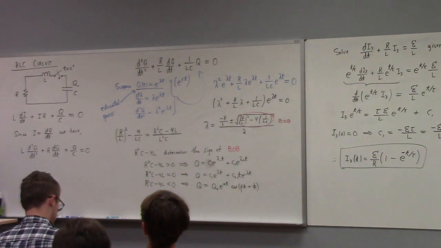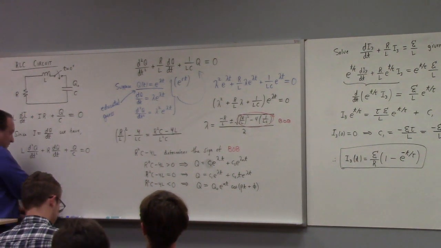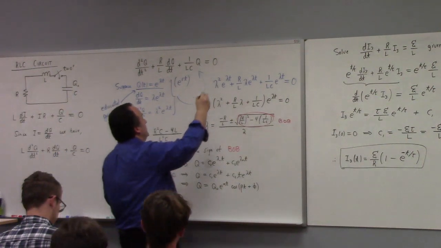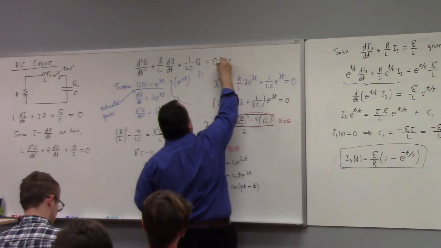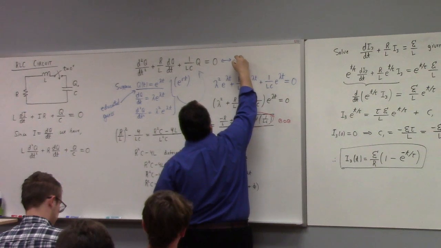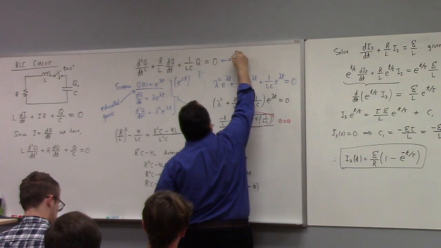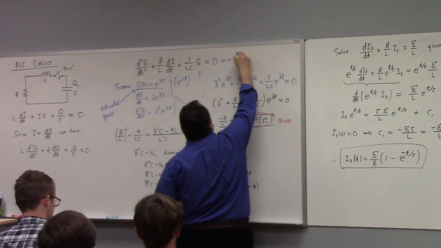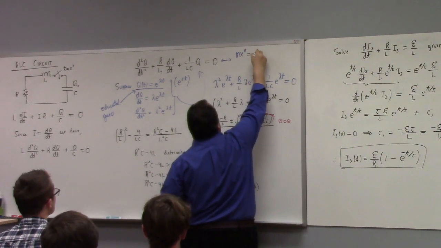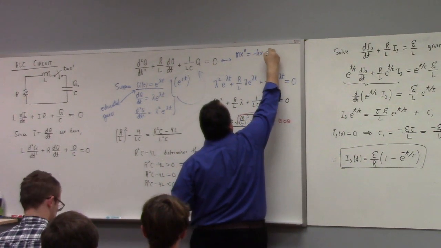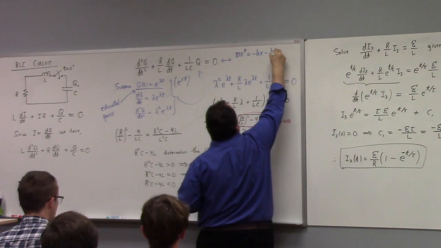So the spring mass problem corresponding to this is when the mass times the acceleration is equal to the spring force minus the friction force, like that.